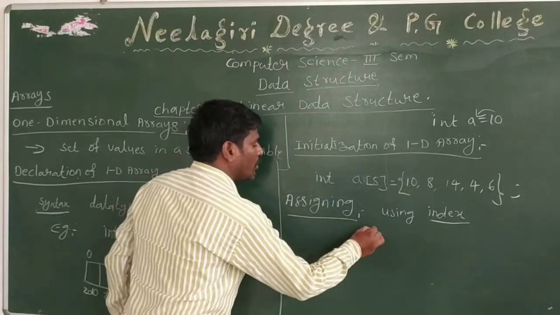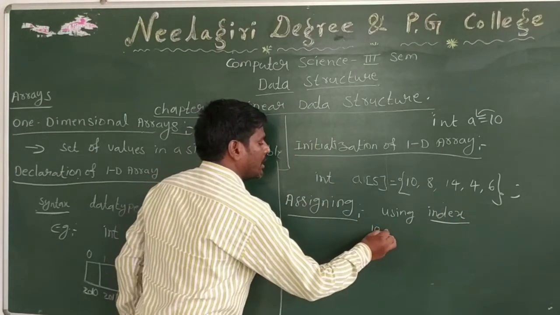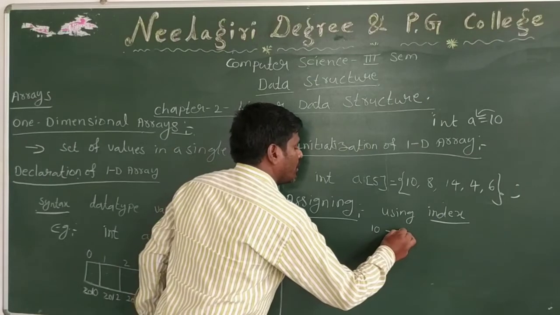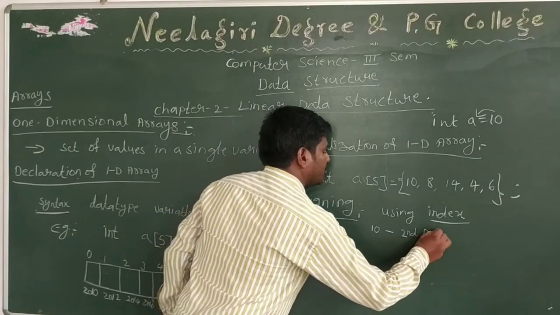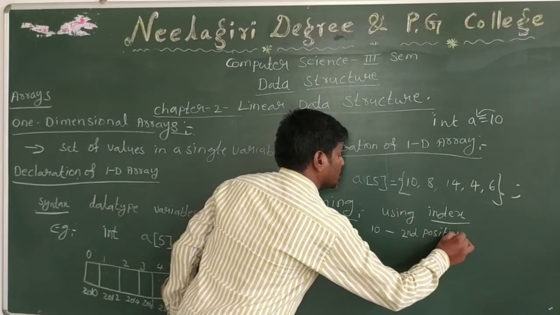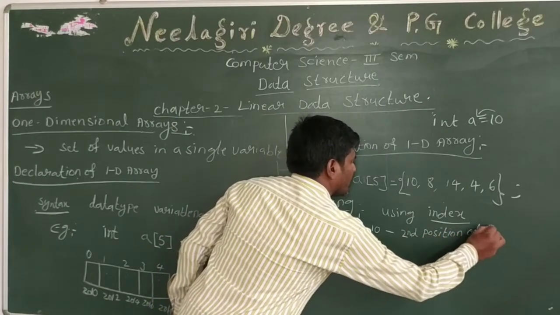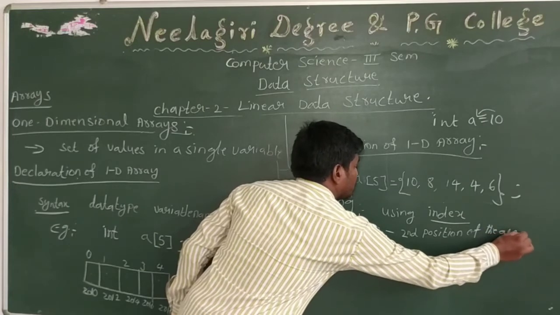For example, I want to assign the value 10 at the second position of the array. What is the second position of the array?